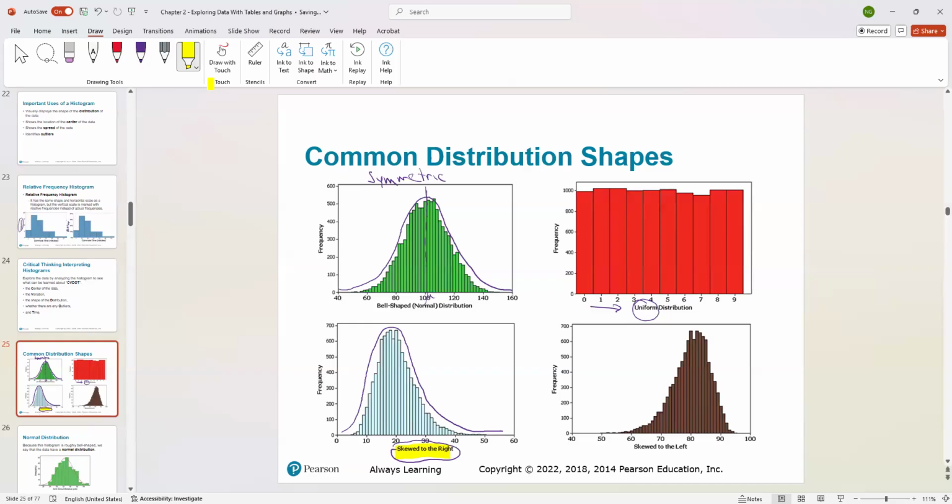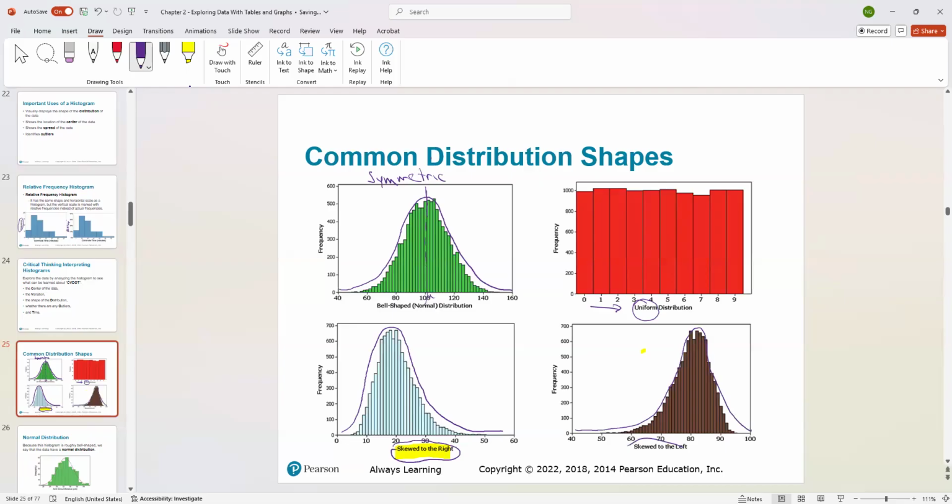Data skewed to the right, also called positively skewed, have a longer right tail. But data skewed to the left, also called negatively skewed, have a longer tail on the left.